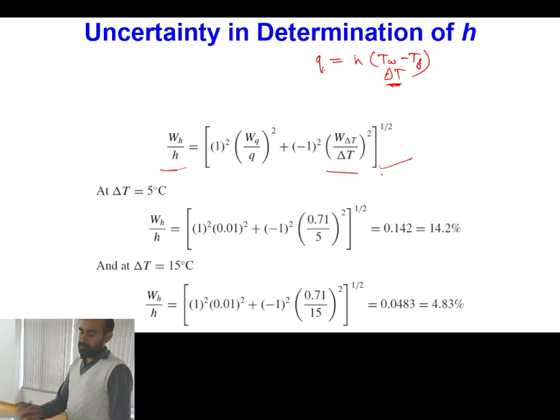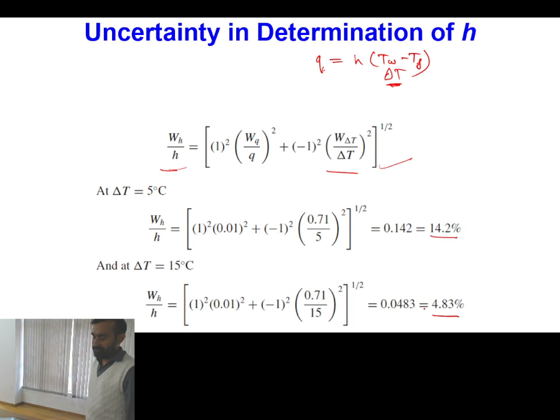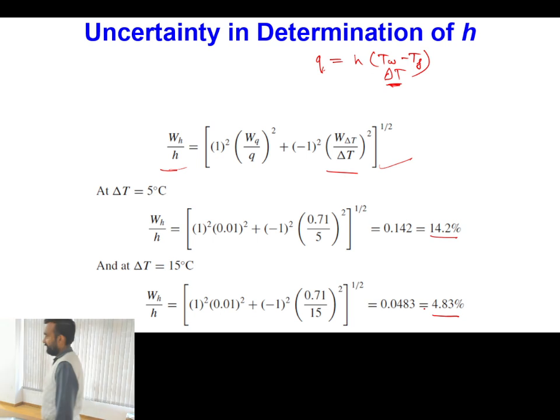So this will be equation, and from this equation if we calculate, then uncertainty in measurement of H for 5-degree temperature difference between wall and the fluid, it will be 14.2%, and for 15-degree temperature difference it will be 4.83%. Is this one clear?